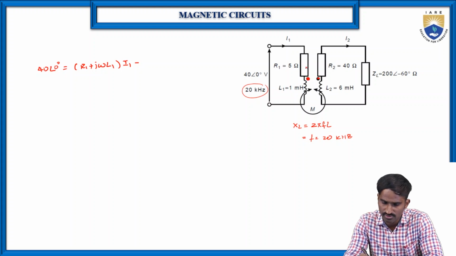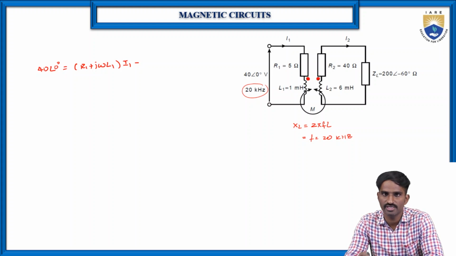Here also it is the same as the previous problem. In this case, the current is entering the coil through this dotted terminal, but in the other coil the current is leaving through the dotted terminal. So one dotted terminal has current entering and the other has current leaving, which means both are in opposite ways.